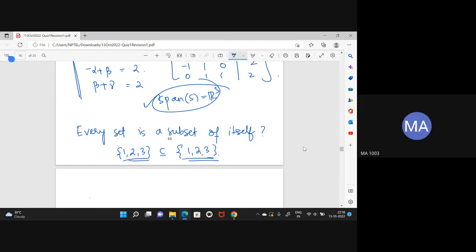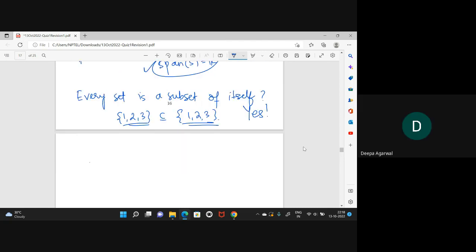Yes, ma'am. So every set is a subset of itself, and that is called an improper subset. Proper means it's properly contained inside the set. Here it's not properly contained, it's the set itself.